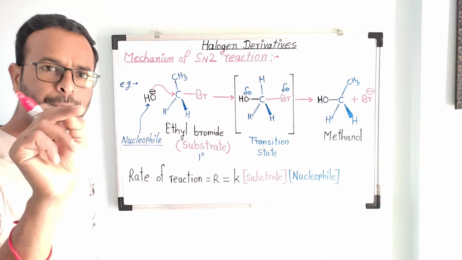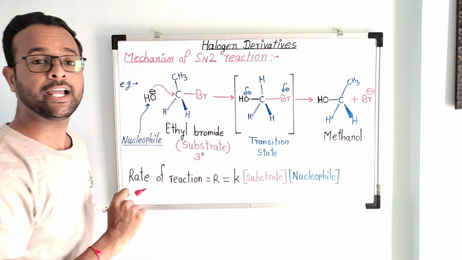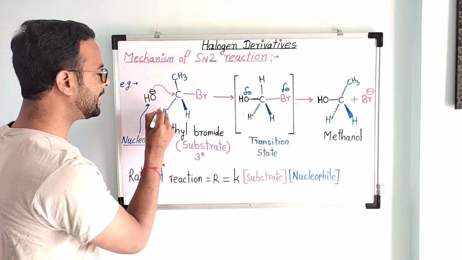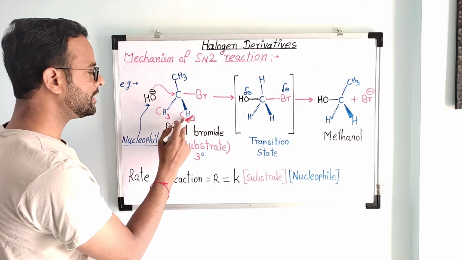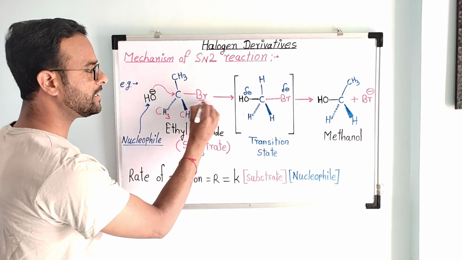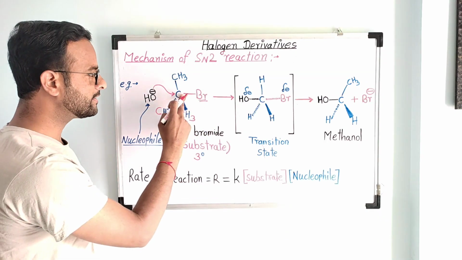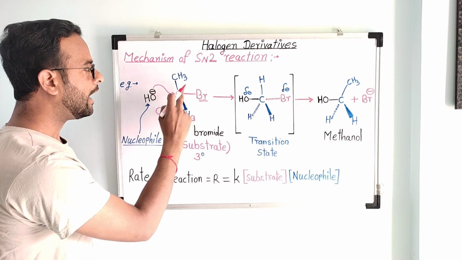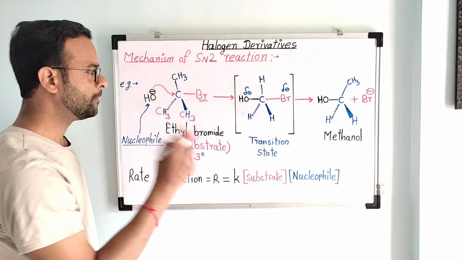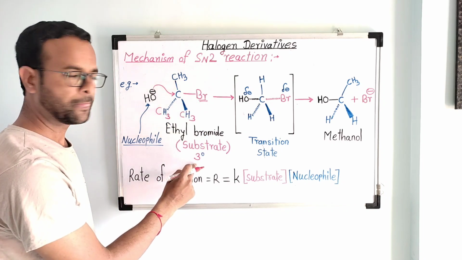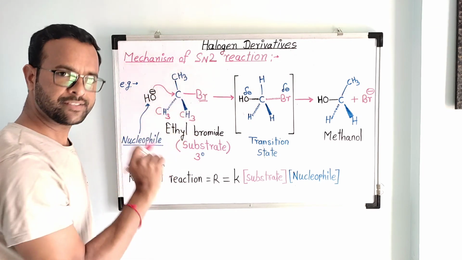Dear students, what will happen if we take a tertiary alkyl halide? For the tertiary alkyl halide, I am just writing here CH3, CH3, CH3. You can see here this is the halogen bonded to the carbon. Now this carbon is attached to how many R groups? Three R groups. So this is the tertiary halide. Now in this case, crowding and steric hindrance are there.